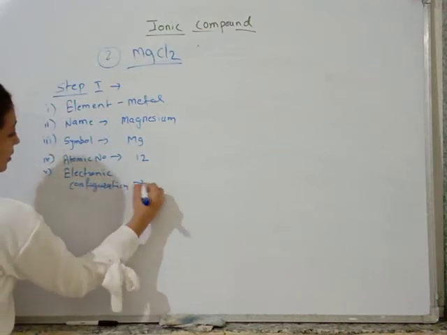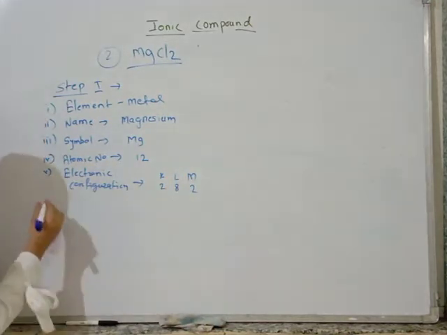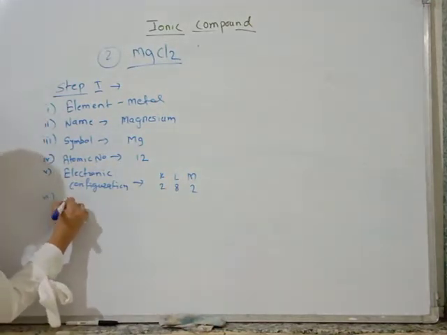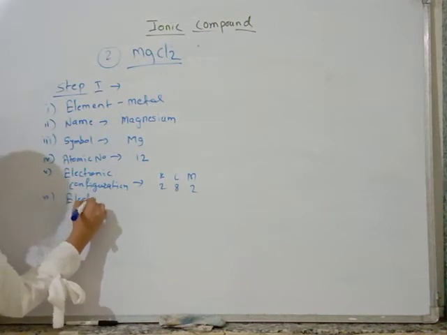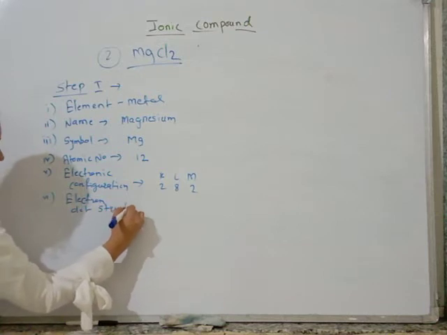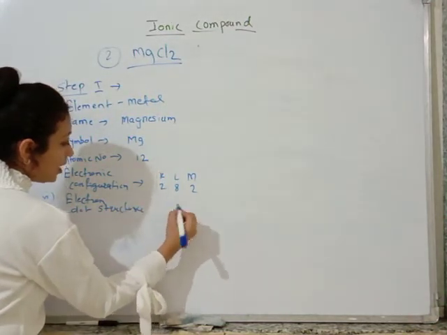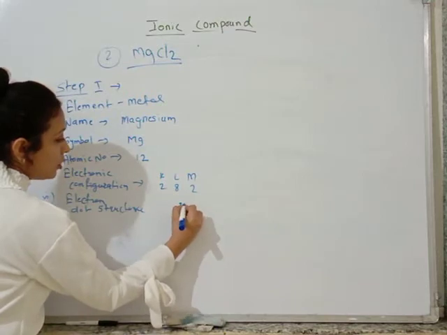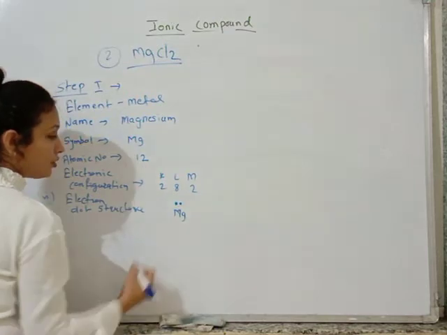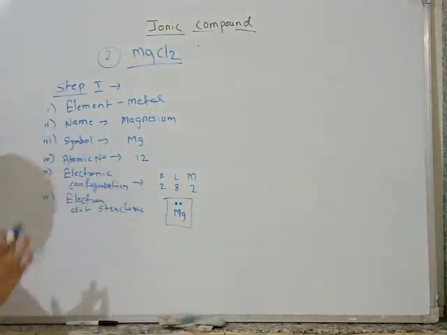Its electronic configuration is K2L8M2. Its electron dot structure: we will write Mg and 2 dots, dot 1 and dot 2, and now we will put bracket for this. This is the step 1.